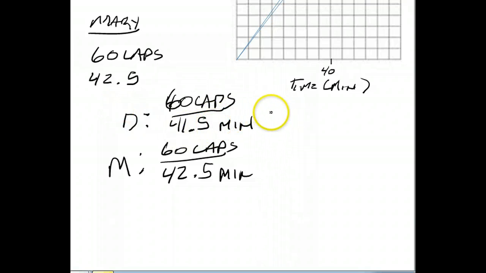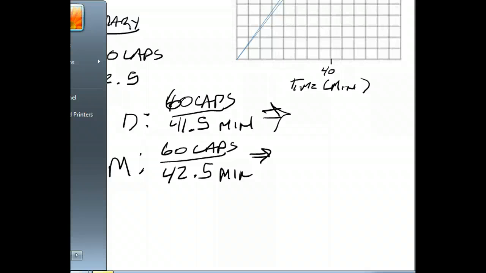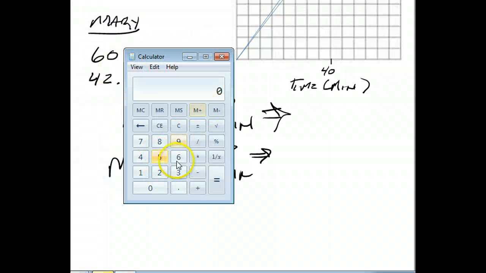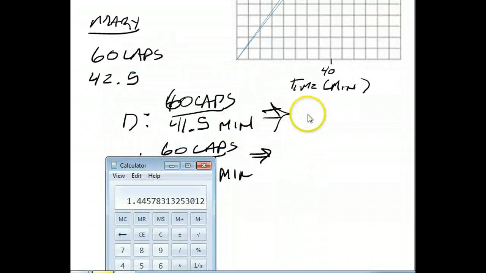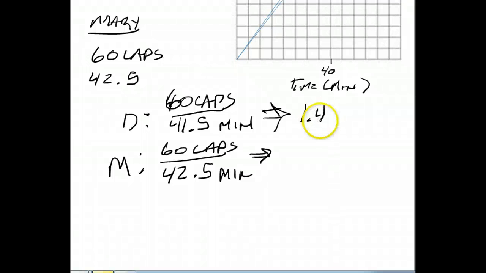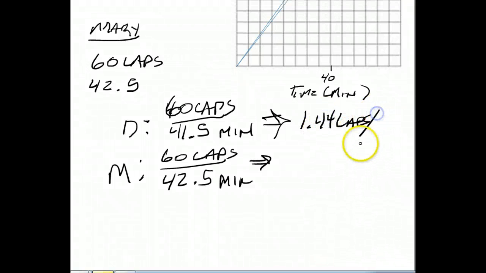So let's look at it from a unit rate standpoint. I think I calculated it out, and Daphne is covering about 60 divided by 41.5, which is equal to 1.44 laps per minute.